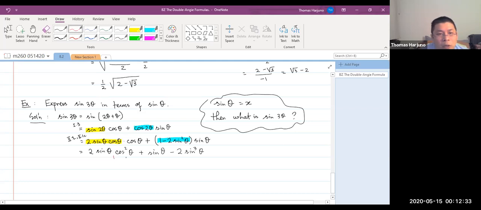I don't like this one because this is not in terms of sine yet. What do you think I will do? And I will use B21. Don't worry about it. You memorized that already. You don't even need to memorize the name. That's basically 1 minus sine squared theta.